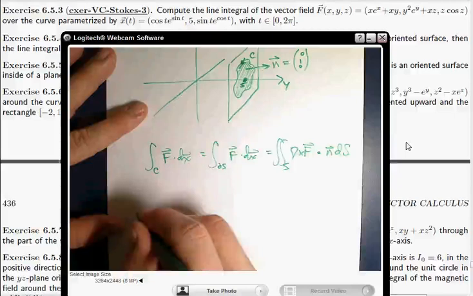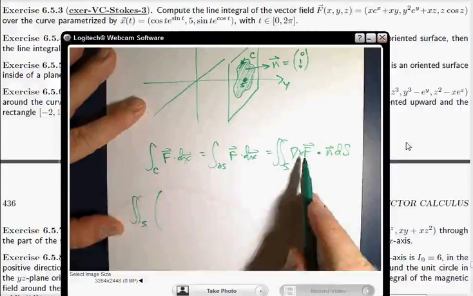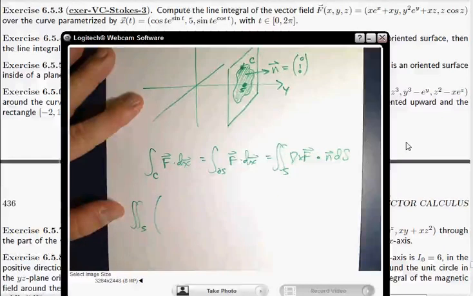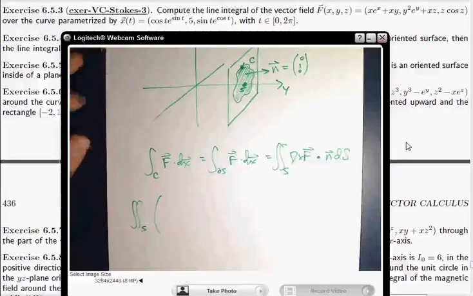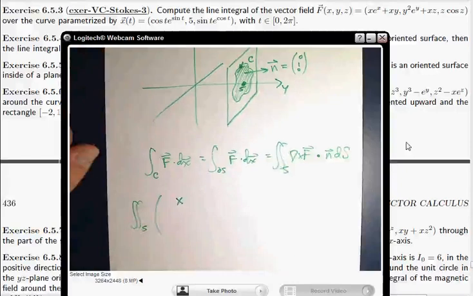Now let's compute the curl. All right, so we've got to play this game. The y partial of the third component is 0. The z partial of the second component is x. The z partial of the first component, 0. The x partial of the third component, 0.